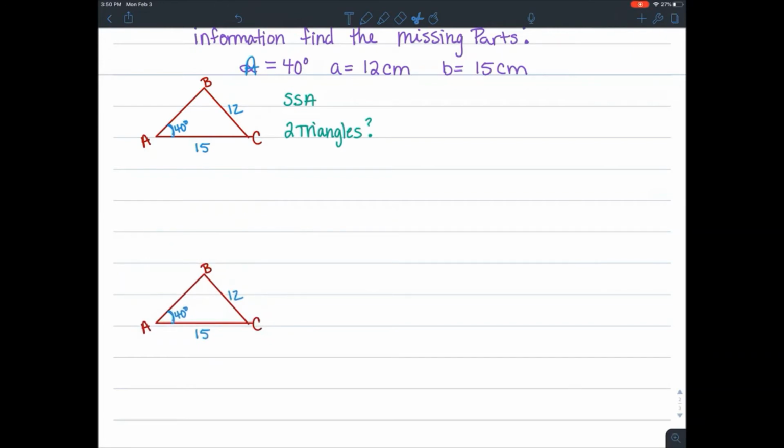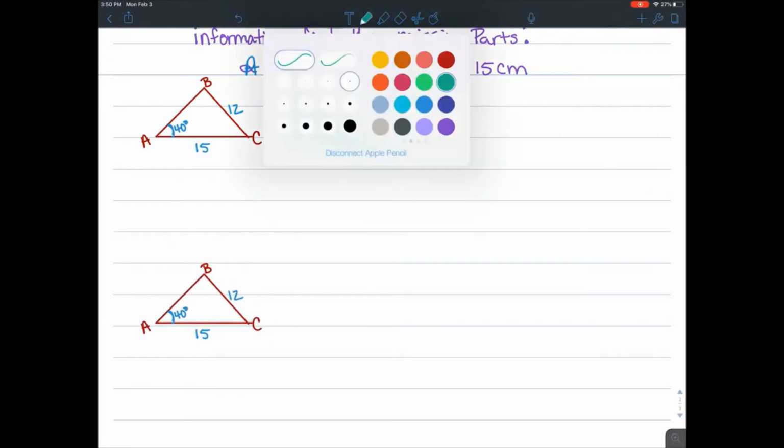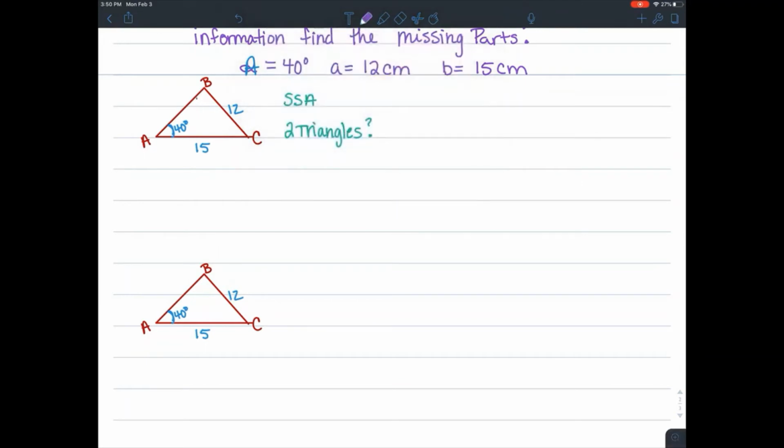So first we're going to find the missing angle. So the missing angle we can find is B, because we know side B. We know all of A, so we can say that sine of 40 divided by 12, because that's its partner, equals sine of B divided by its side.